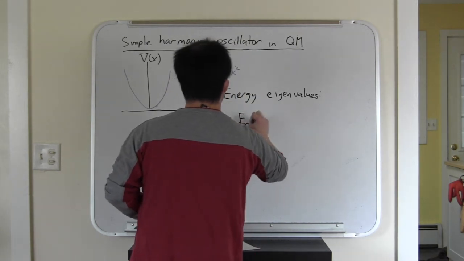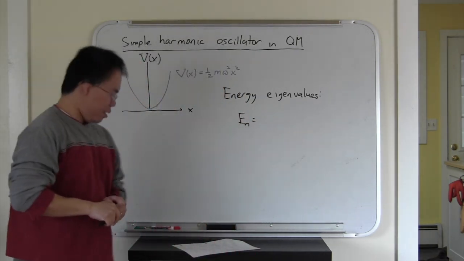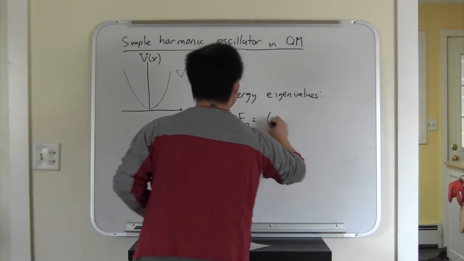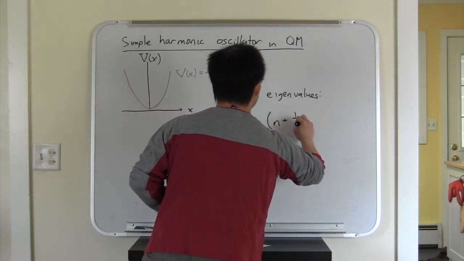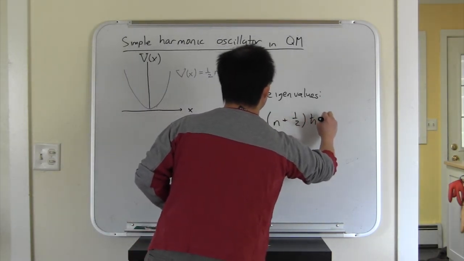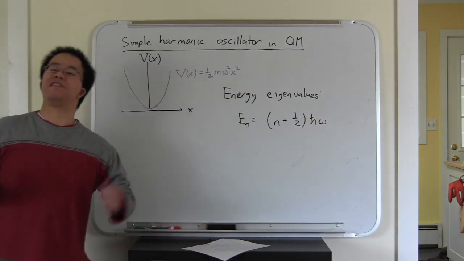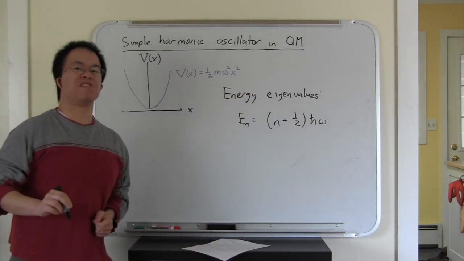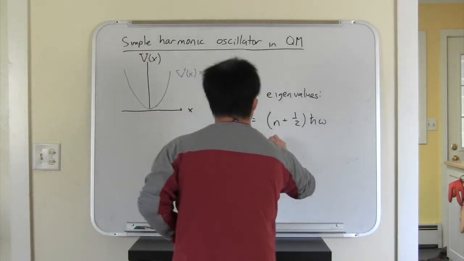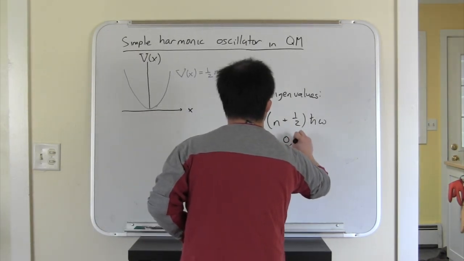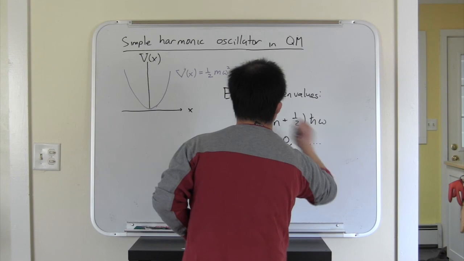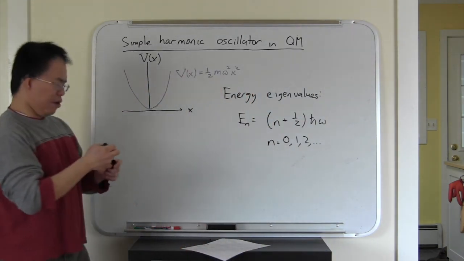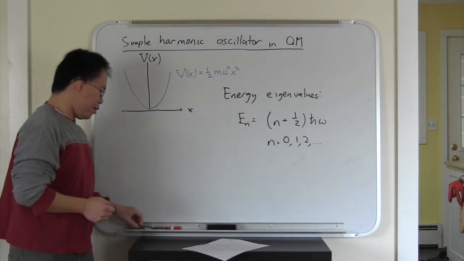They go like E sub n equals n plus a half, times h bar omega, where n is an integer that counts up from 0. So a few remarks here are in order.